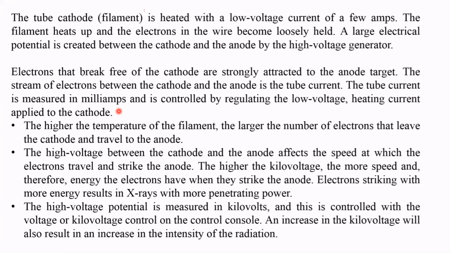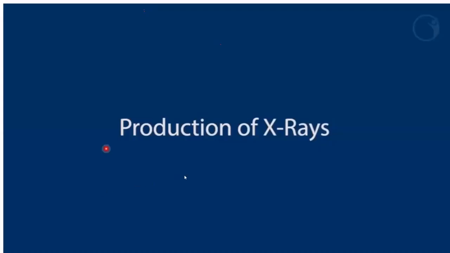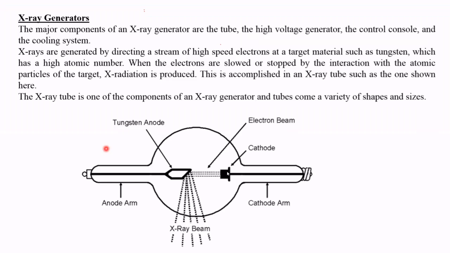Next, the high voltage between the cathode and anode affects the speed. If we heat more, we generate more electrons, more electrons hit the anode, and we get a more intense X-ray beam.